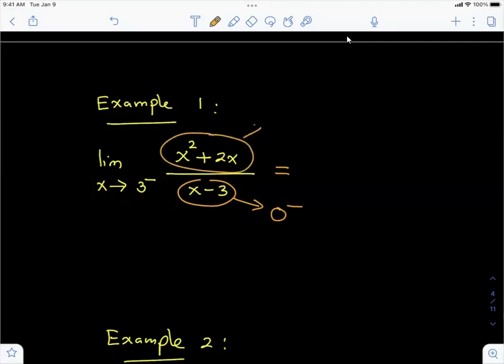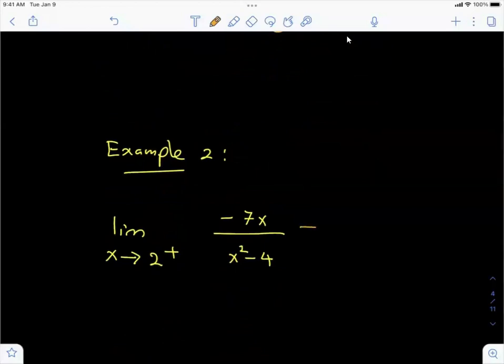In the meantime, the numerator goes to 3 squared, that is 9, plus 2 times 3, that's going to be 15, right? When x goes to 3, either positive or negative side, it doesn't really matter in the analysis of the numerator. So it goes to positive 15. Therefore, what we have is positive divided by a negative. We know the sign now, it's a negative, and then an infinity, negative infinity.